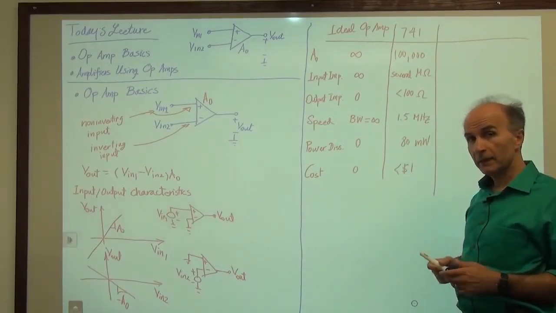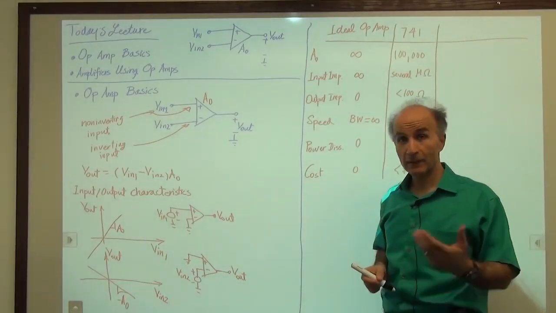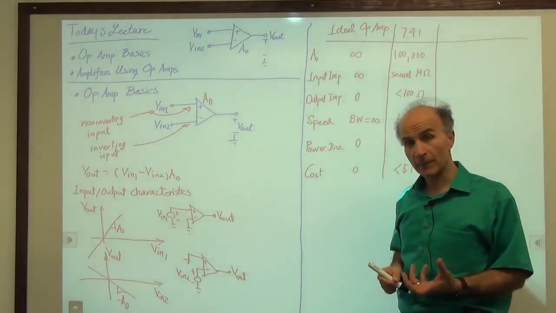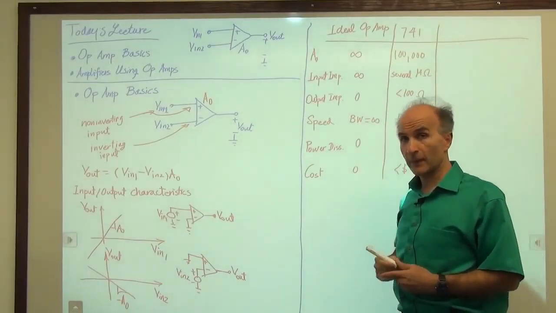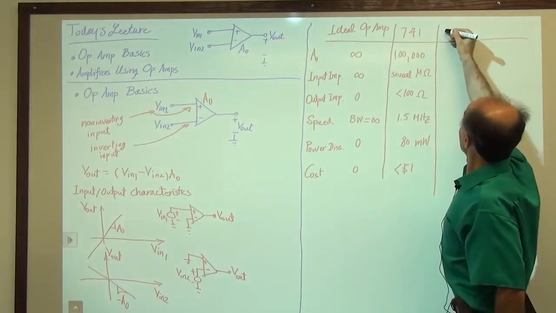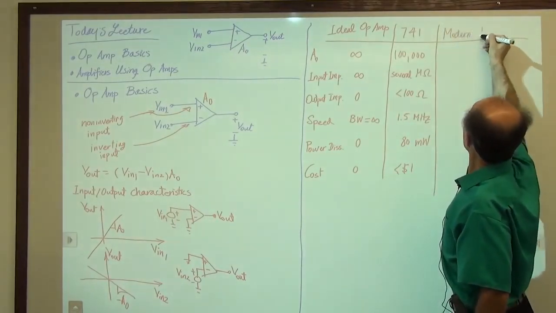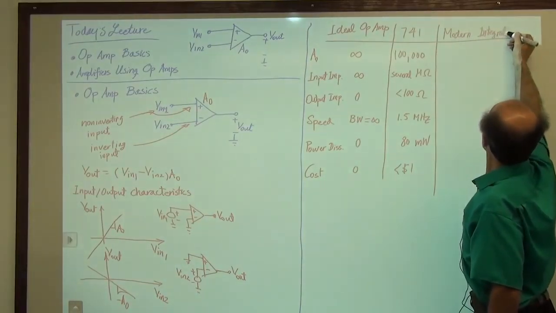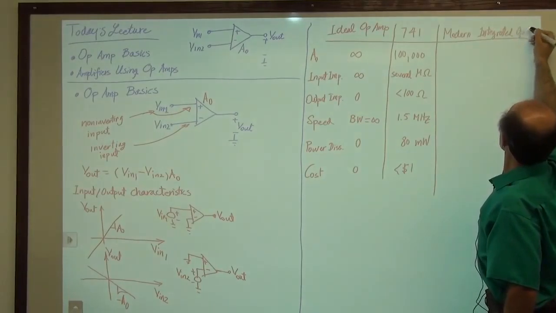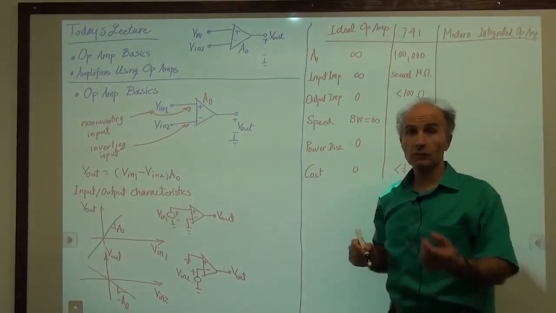All right, but today, in most integrated systems, integrated circuits, we also have op-amps. And those op-amps are very different from the 741. So I will call this a modern integrated op-amp. So these are not op-amps that you could buy.